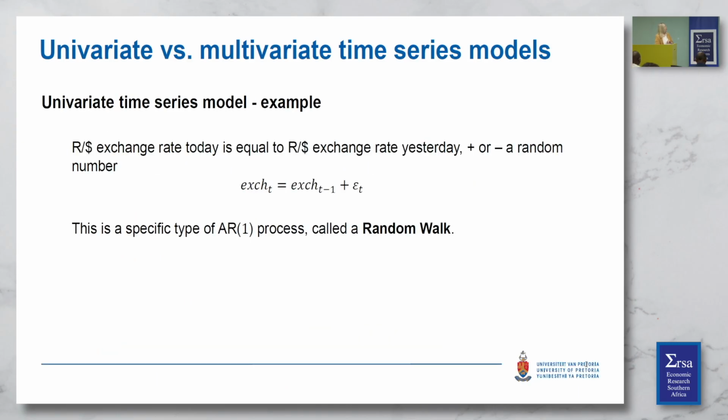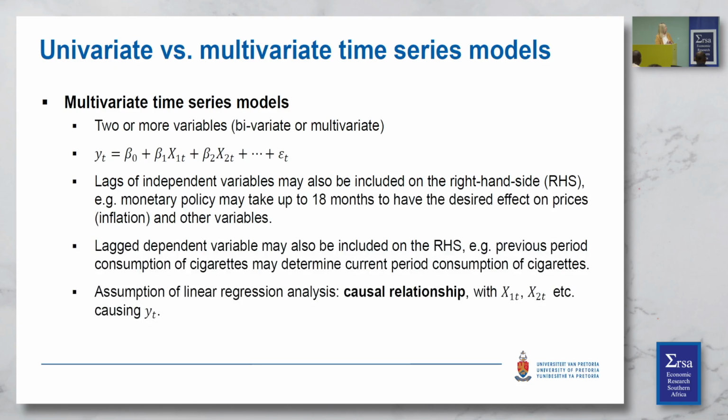There's an example of a univariate model of exchange rates, just a random walk. Multivariate analysis, where we write y as a function of x1t and x2t, typically thinking of that steady state relationship, all the variables in the current period contemporaneously included.